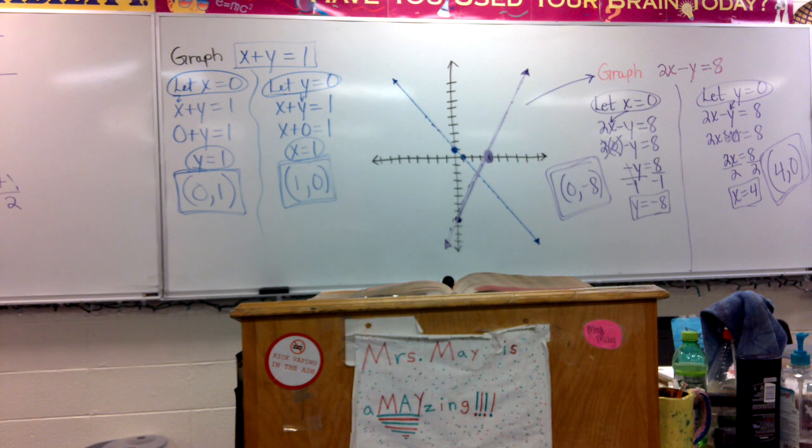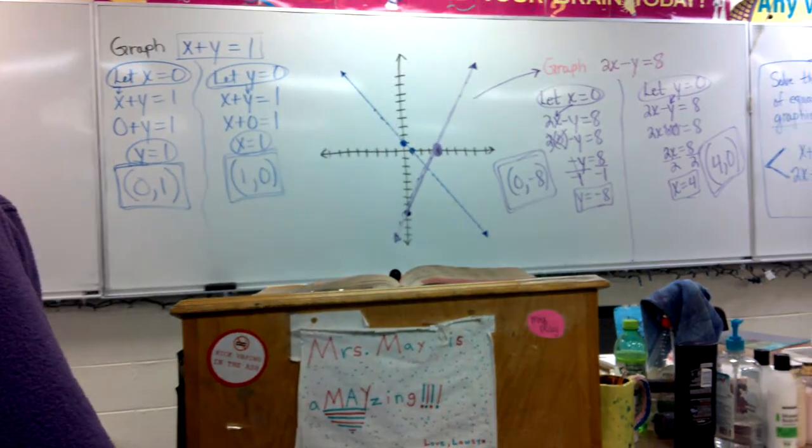We're going to solve systems of equations in this chapter. A system of equations just means you have two equations at once. And notice, the two equations I picked are the two we just graphed. When you solve a system of equations, you're solving two equations at once.